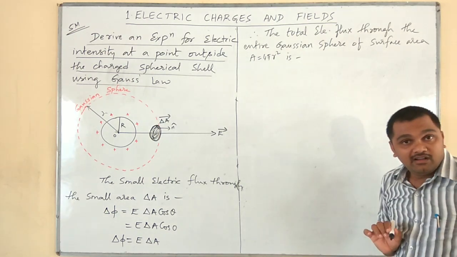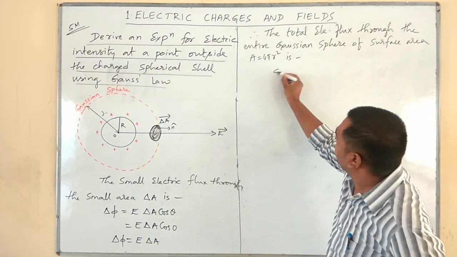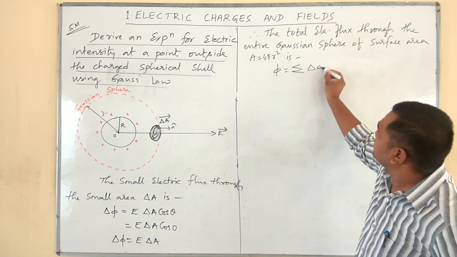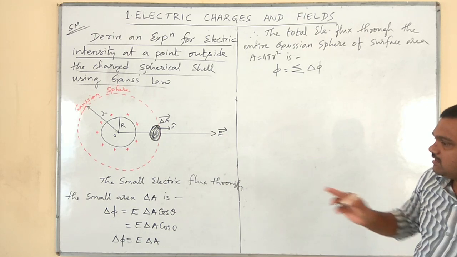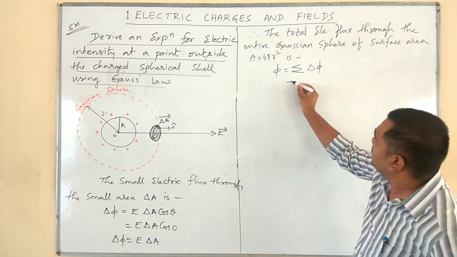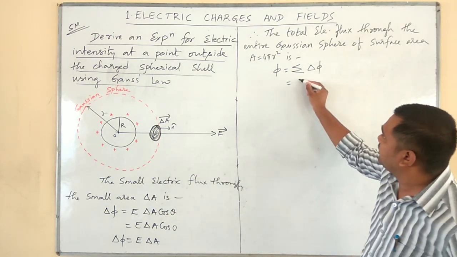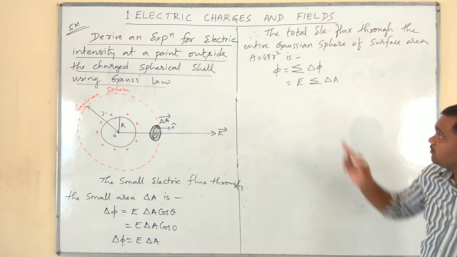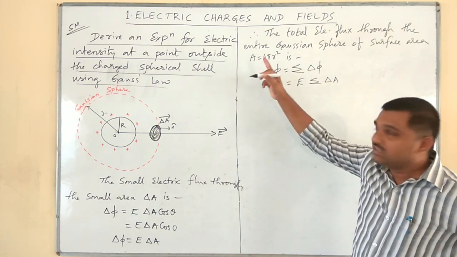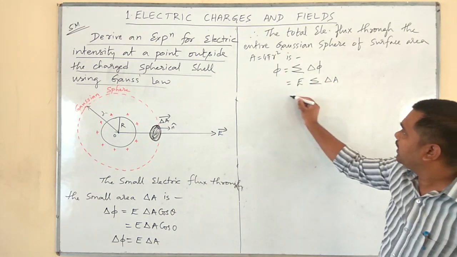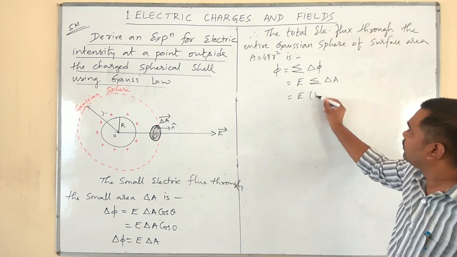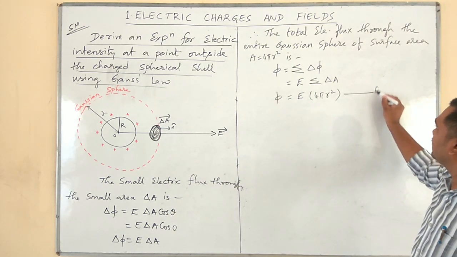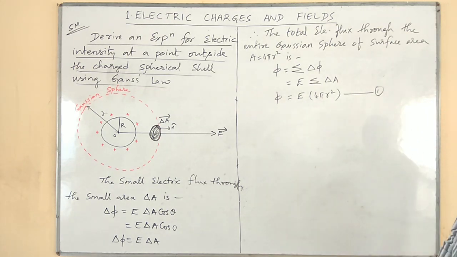As you know well, to get phi from delta phi, we will take the summation of delta phi. The value of delta phi is E into delta A. I will take E outside, and the summation of delta A is A. The value of A is 4 pi r square. Therefore, phi is E into 4 pi r square. For my reference, I will call it equation number 1.